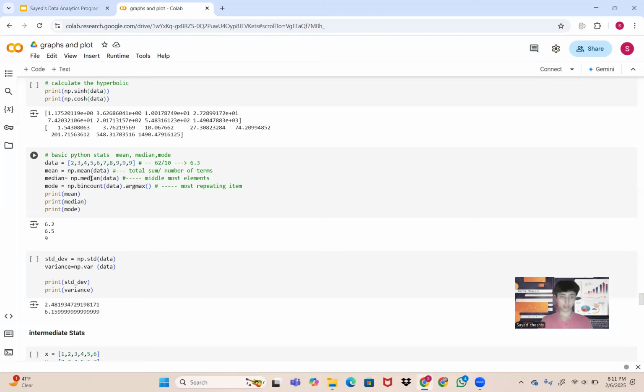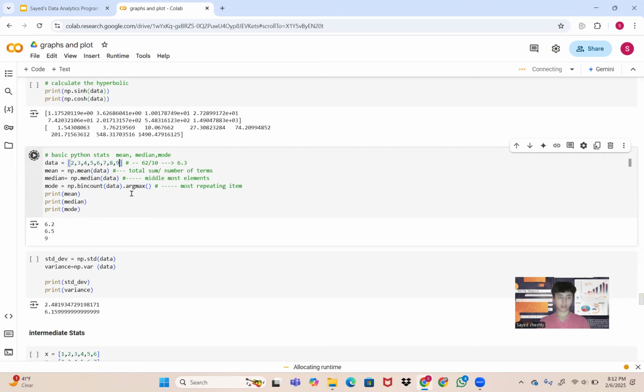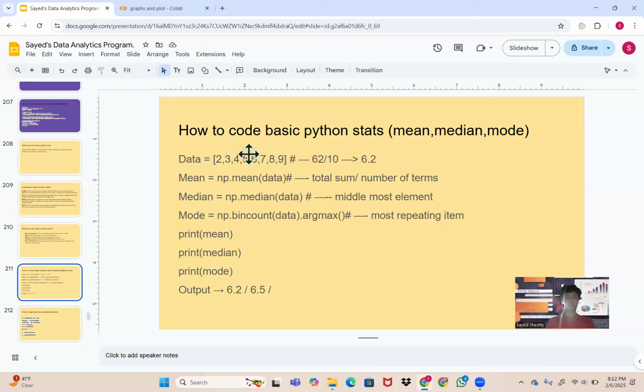Why? First let me delete these so it doesn't confuse you guys. Let me go back now. The mean is just the total sum of numbers over the number of terms. So we add all of these, which is probably going to give us 62, probably 40, sorry.